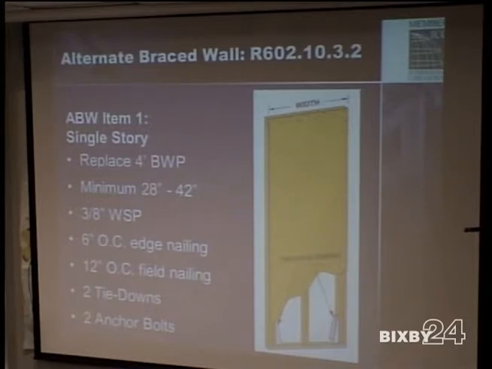Your minimum width is 28 inches up to 42 inches. It requires 3/8 wood structural panel, 6-inch on center edge nailing, 12-inch on center field nailing, two hold downs, and two anchor bolts. The anchor bolts aren't shown, but you have to have anchor bolts in here as well as your hold downs.